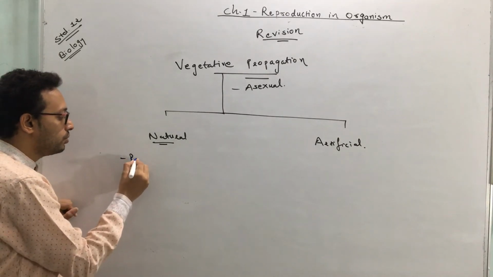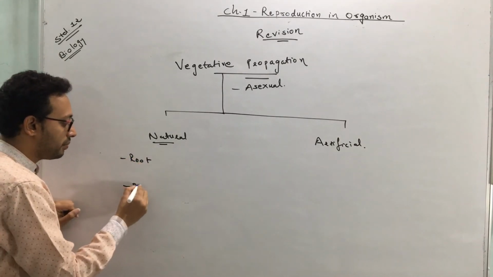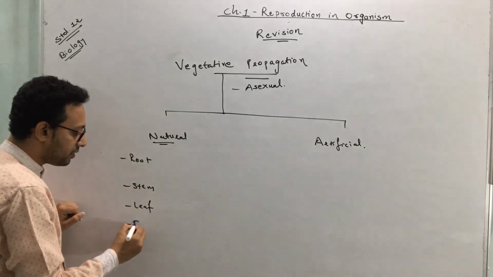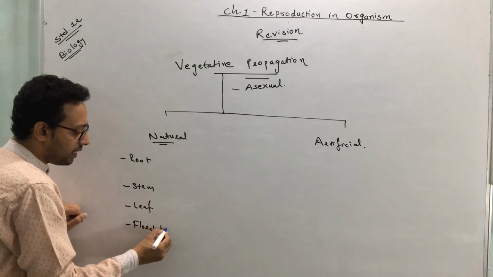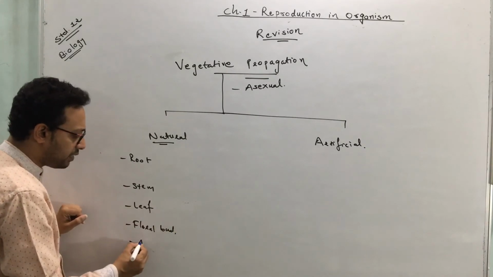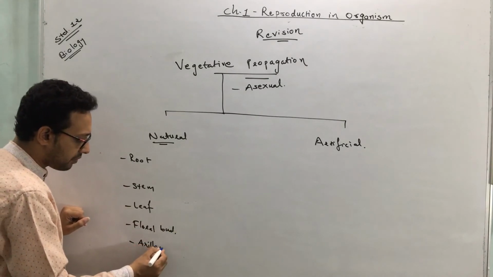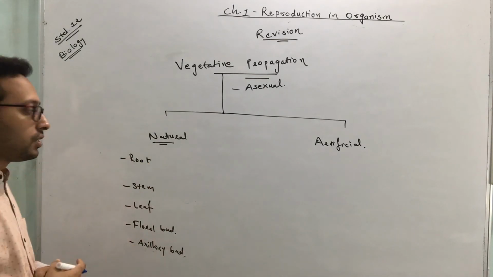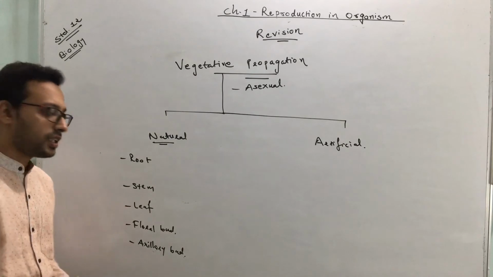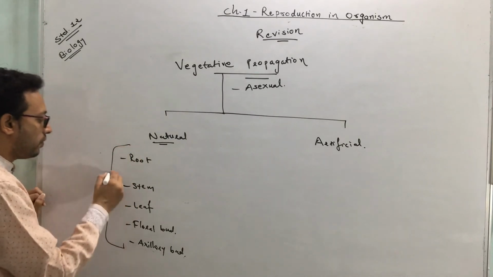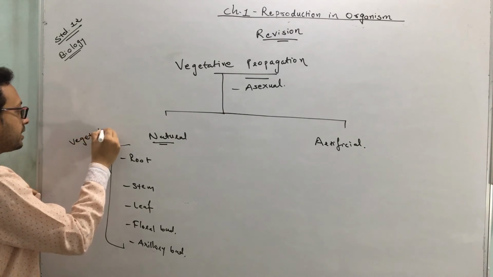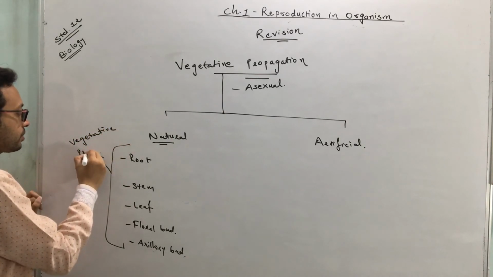Some use the root, some use a stem, some plants use a leaf, some use the floral bud, or some use the axillary buds. So they use different organs. The organs involved in vegetative propagation are called vegetative propagules.